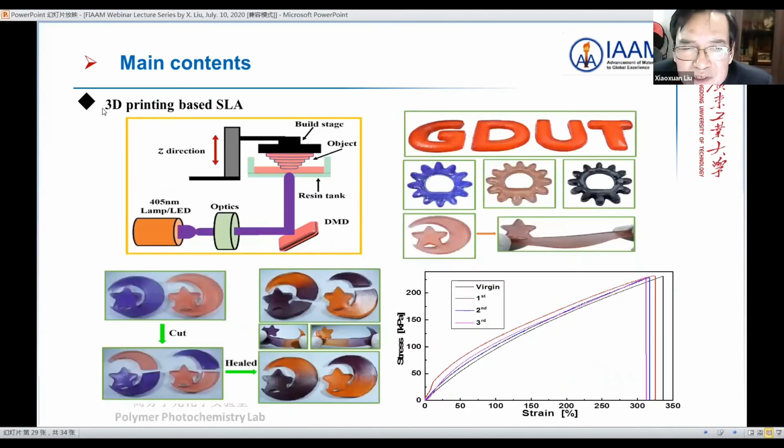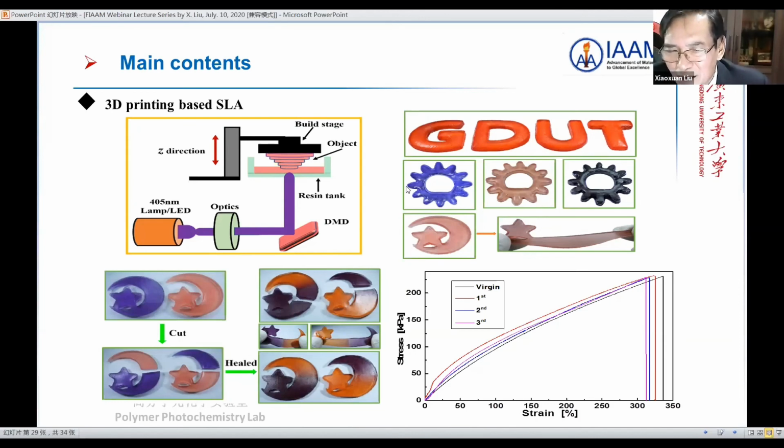So we can use these silicone elastomers for 3D printing based on SLA. This is the deformation of the structures. So we print this moon star, and we can cut it into two pieces and recombine them together. This is GDUT.